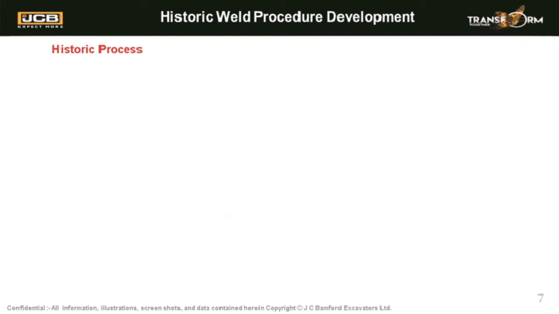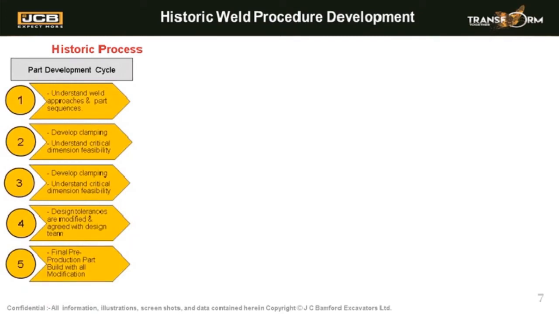Now, enough of the corporate speak, let's get into some engineering, shall we? Here we can see the historic process that we use for developing parts. The development cycle comprises a series of physical welding trials. For a completely new component or machine with new tooling, this can be up to 5 physical iterations.